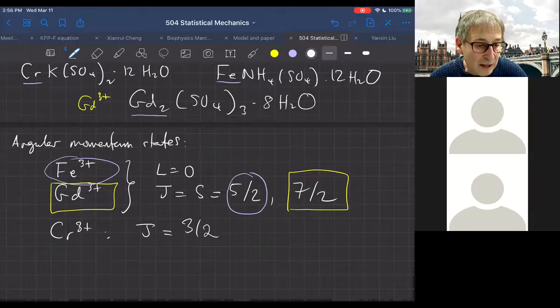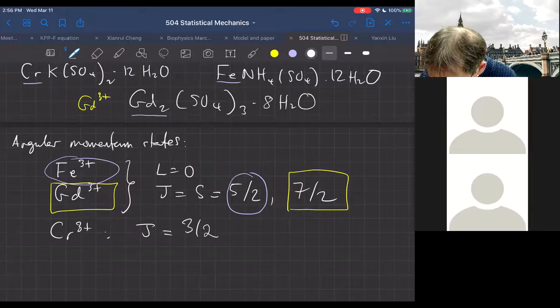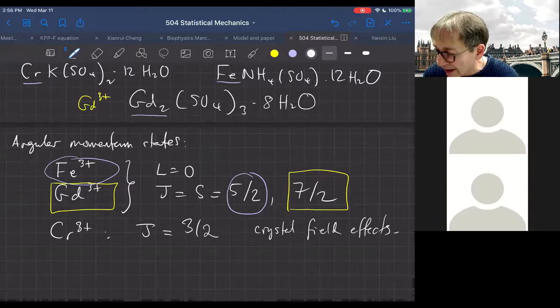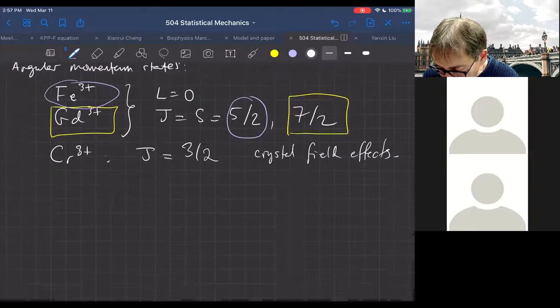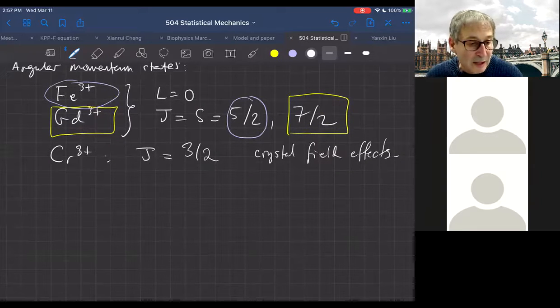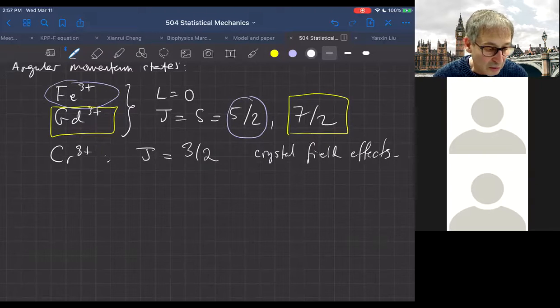For chromium, you get the wrong answer if you do that. What you have to worry about are crystal field effects. That's not what I want to focus on, but we'll just take that as a given. Just as in all statistical mechanics problems, you do a quantum mechanics problem first, and then you do the statistical mechanics.